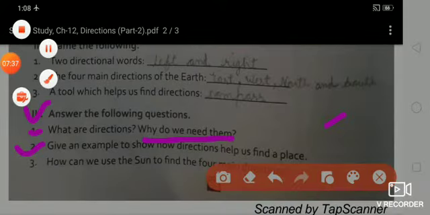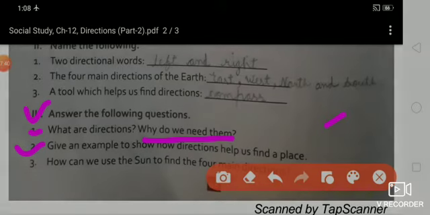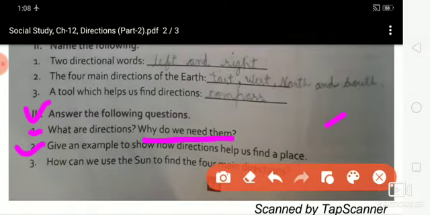Now second one: give an example to show how directions help us find a place. We use directional words left, right, straight, ahead, behind and in front of to give directions.